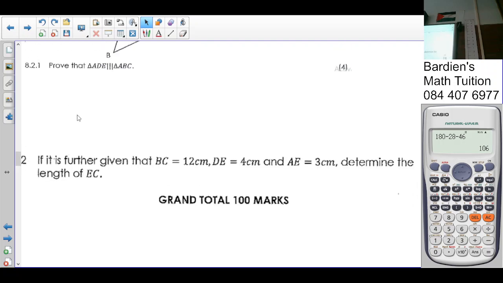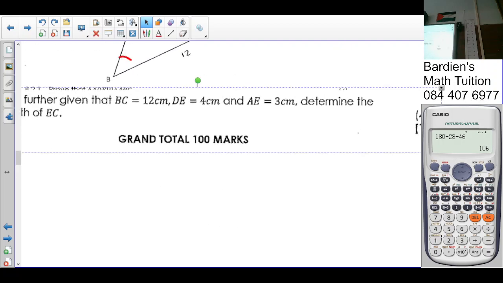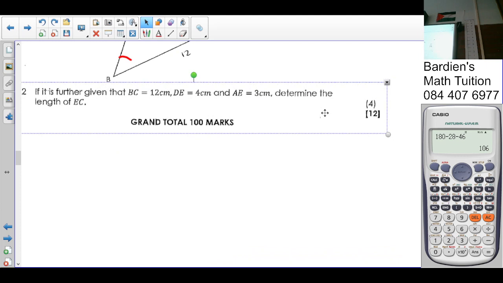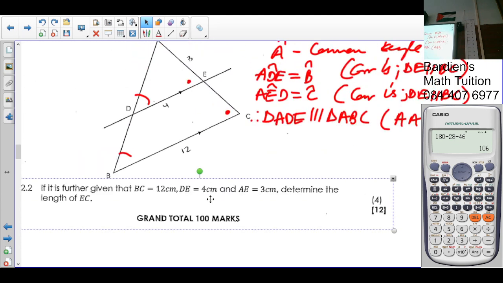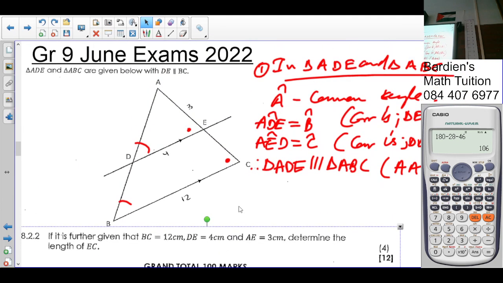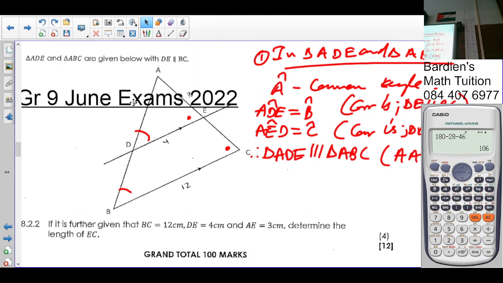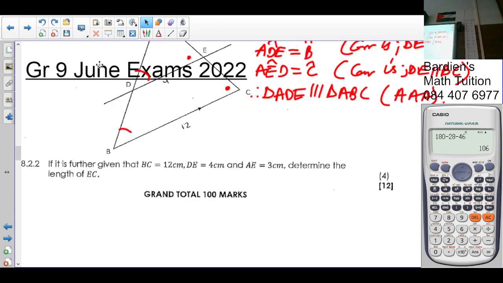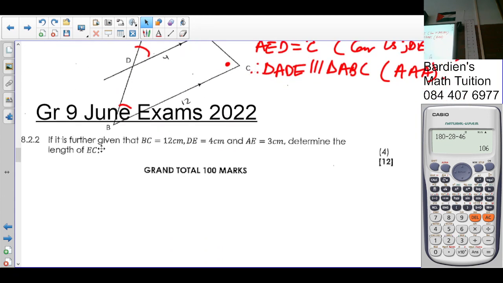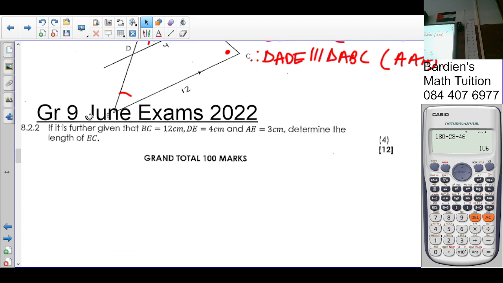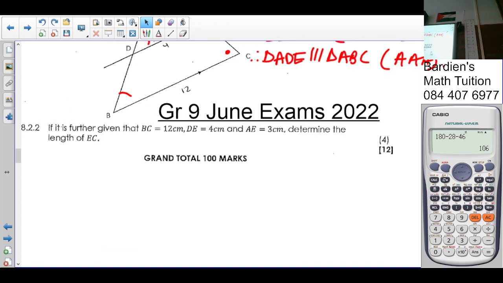Then the last question before the bonus question. 8.2.2. We are told it's further given that BC, right? A distance question always follows this.